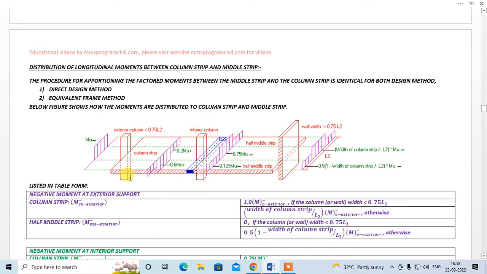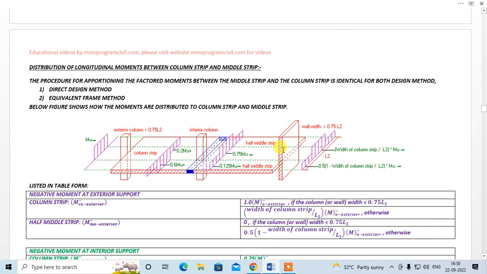Now, if your support width is greater than 0.75 L2, then some moment will be taken by the column strip and some will be taken by the half middle strips, right? The moment that will be taken by the column strip will be width of column strip divided by L2 into the exterior moment, the exterior moment which you get over here.